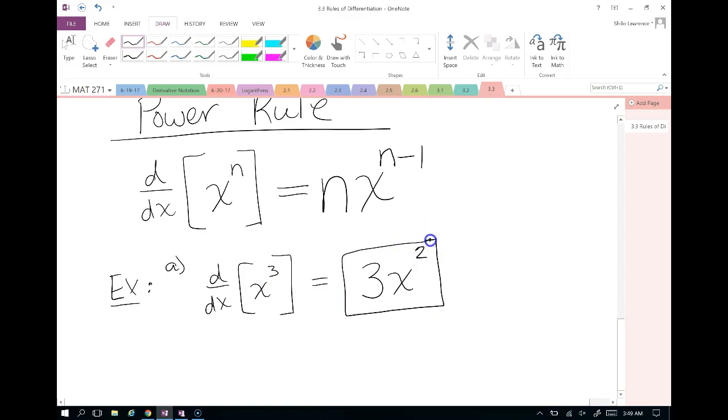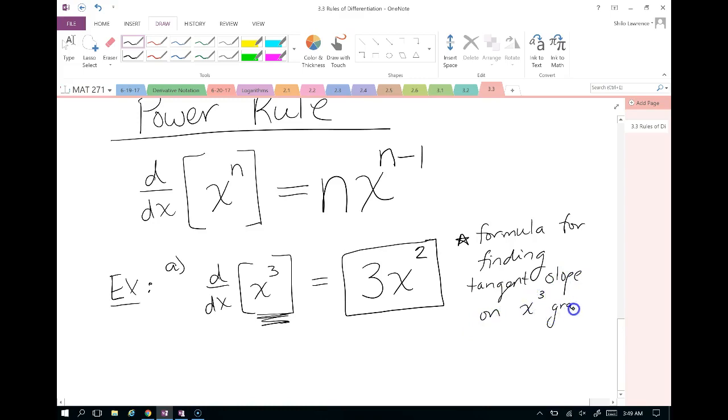So remember, the derivative tells us tangent slopes. This is a formula for finding tangent slope anywhere on this graph. If I want to find the tangent slope anywhere on the x cubed graph, I would plug the x coordinate into 3x squared.